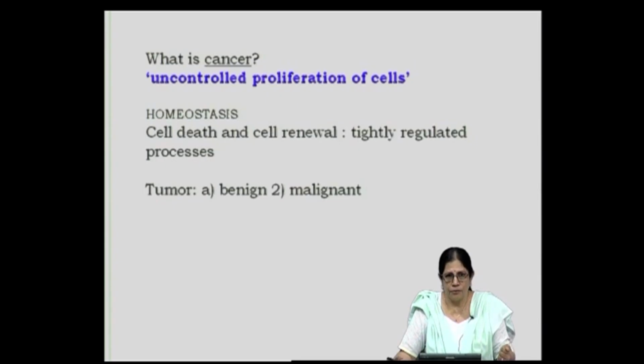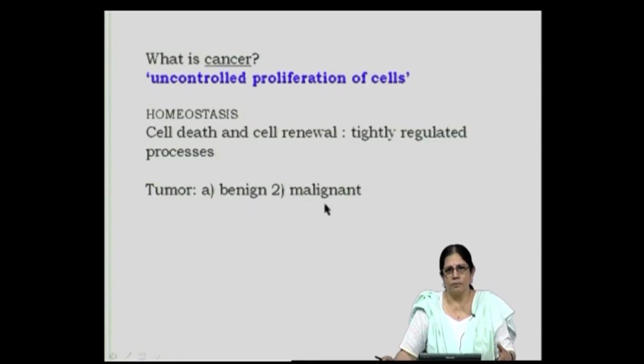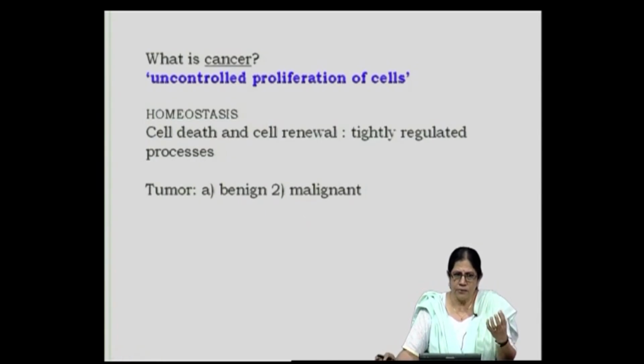However, in case of tumors, this control or regulation is lost. This mass of cells is called a tumor. The tumor can be either benign or malignant. I think this is something which is quite well known. The benign tumor is a mass of cells which is restricted; it is in fact isolated and compartmentalized.